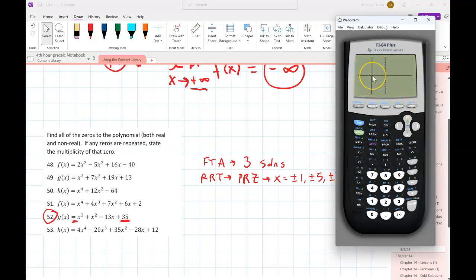So it looks like there's one x-intercept, and that appears to be negative 5. Everybody's okay with that?